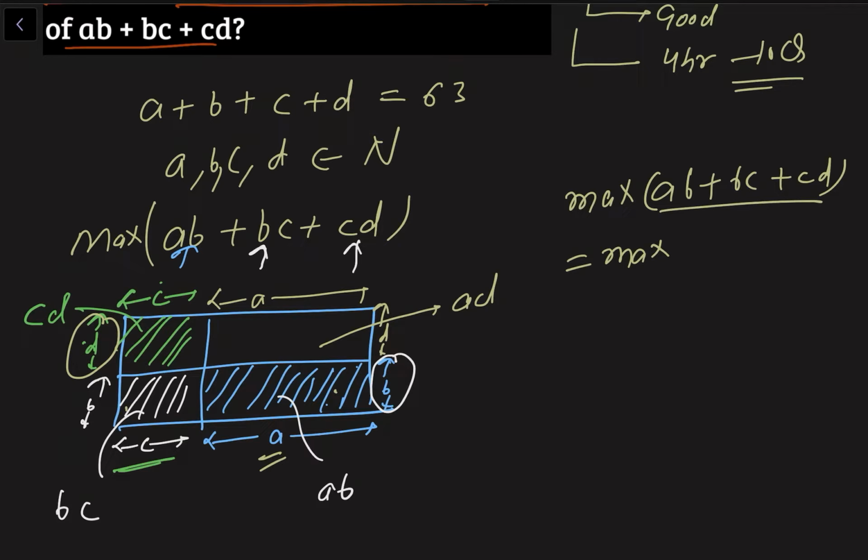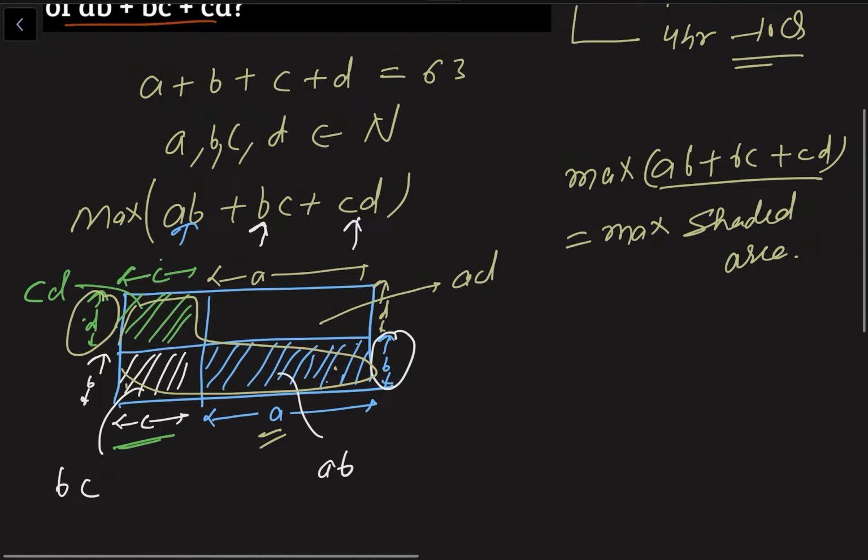Well and fine. Now how can we maximize the shaded area? Let's say I increase this length so that the shaded area becomes like this. I increase this length so that this becomes this. I increase this length so that this becomes this. So I'm getting this, but there will be a limit till which I can increase these sides. How do we know that limit? Look at the question. He says that A, B, C, D belong to integers.